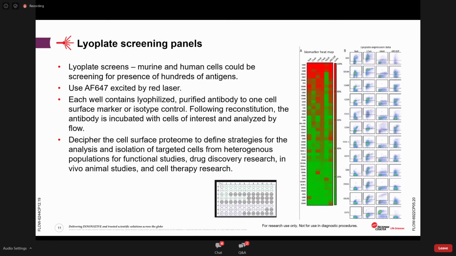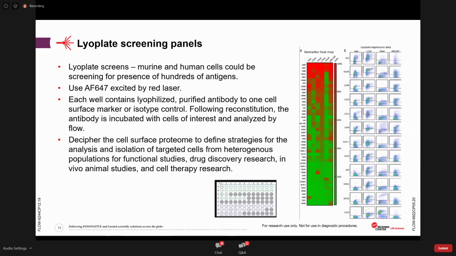One interesting tool for biomarker discovery that was launched recently is the LEGENDScreen plate screening assay. The assay consists of a set of 96-well plates in which each well contains an antibody against one surface marker. This allows testing for the presence of hundreds of antigens in one run.